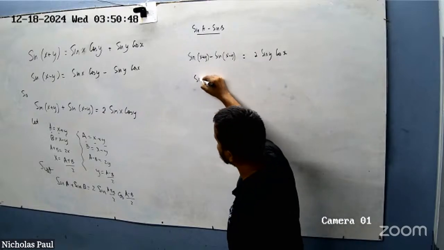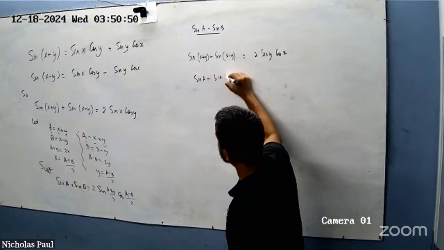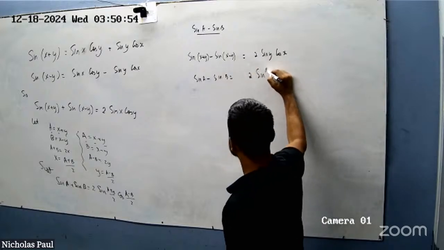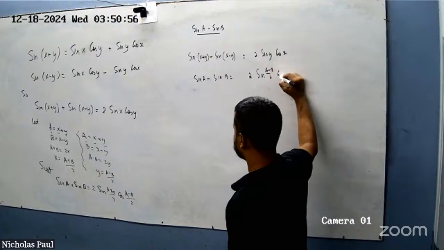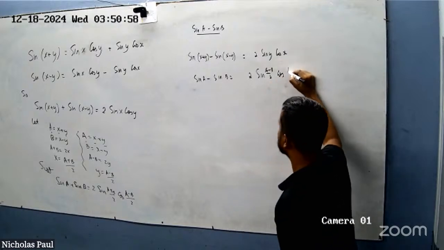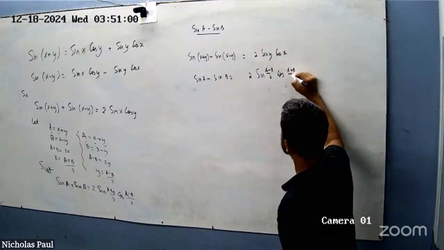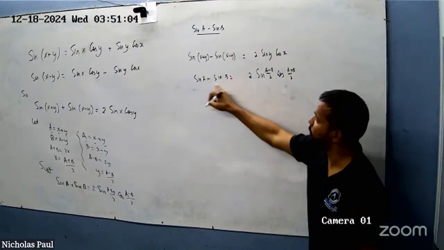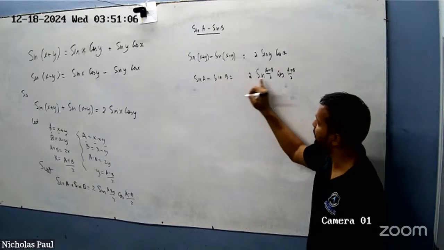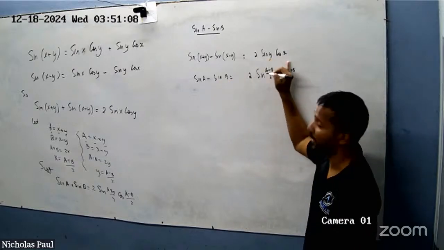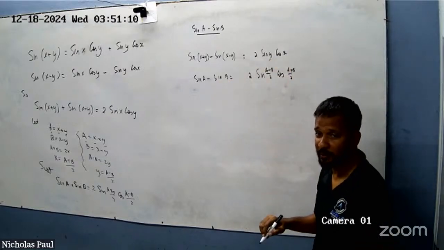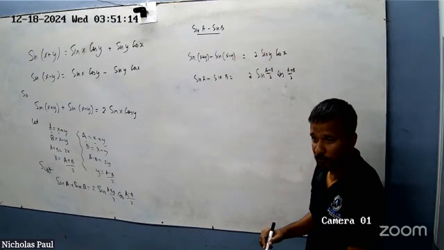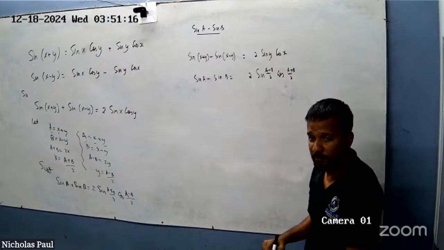Sine A minus sine B is 2 sine of (A minus B on 2) cos of (A plus B on 2). There's no need to go and do over this, because we already know what A and B is, and we know what y and x is. And in a similar way, you can prove cos and so on. Everybody okay with that?